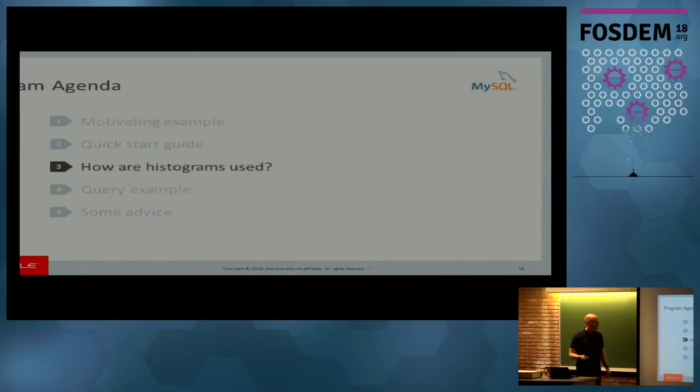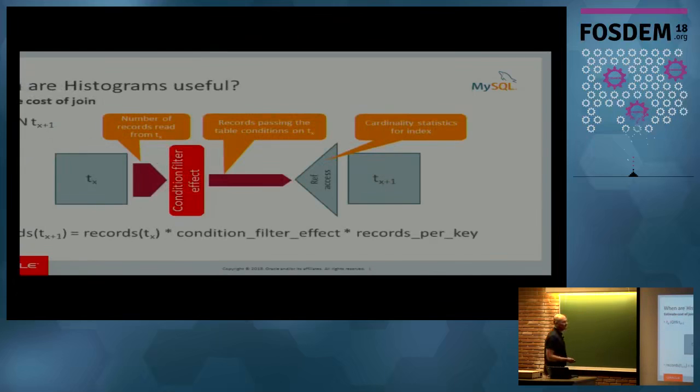So how are histograms used? The most important use case is when the optimizer wants to optimize join queries. Because we do something on the first table, and then there's some filtering here, and what's left goes into lookups into the next table.